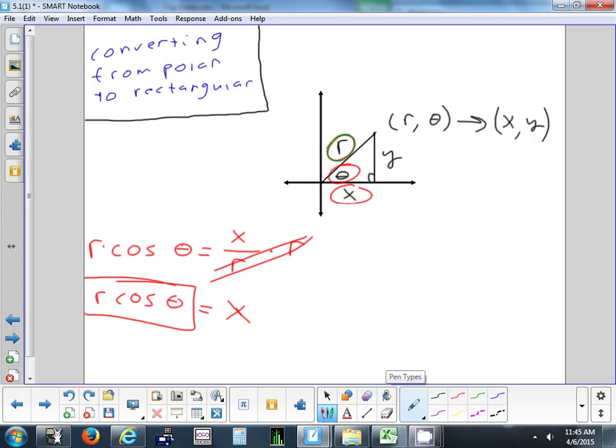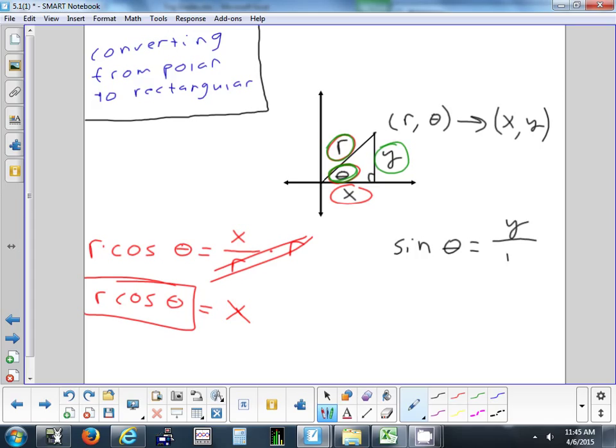Still, you'd know r, you'd know theta, now we want y. What trig function would give me y? Yeah, use sine. So sine is opposite over hypotenuse. What side is opposite theta? Y. And what's the hypotenuse still?